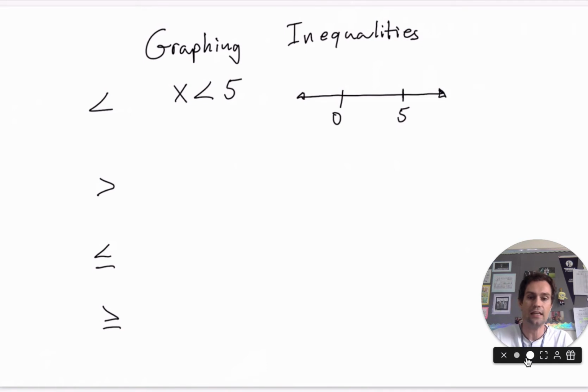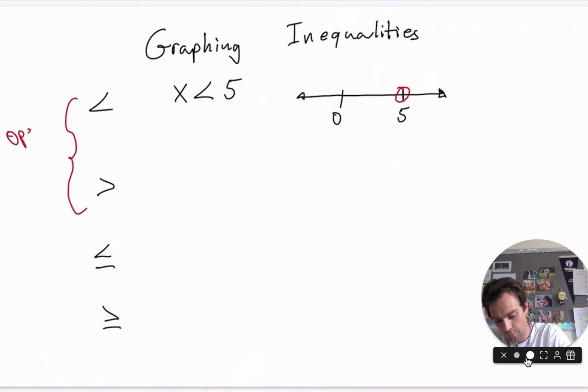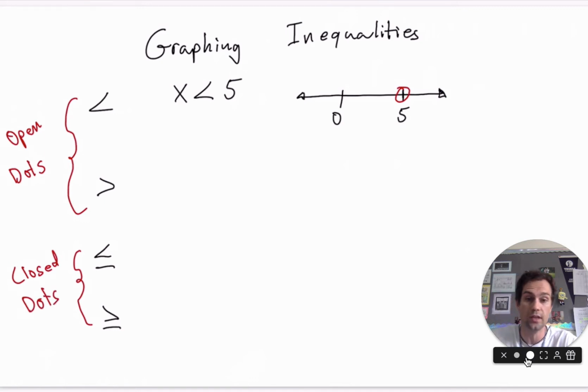Since it is not equal to it, we use an open dot. So for less than and greater than, we use open dots. And less than or equal to, we use closed dots. It is including those values.